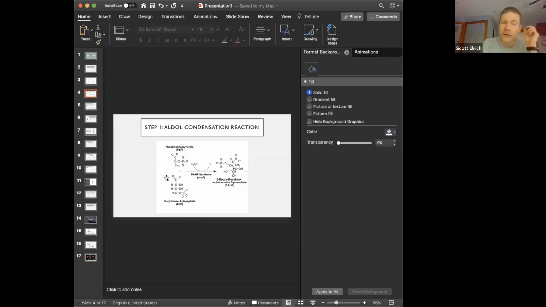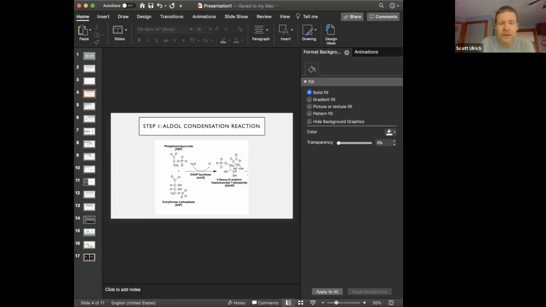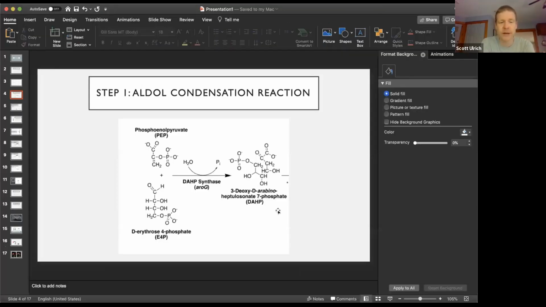That molecule is super abundant because it's a member of the glycolysis pathway, a very common metabolic intermediate. The other starting material, erythrose 4-phosphate, is probably derived from glucose. It looks like a small 4-carbon carbohydrate, or it could be from the pentose pathway.